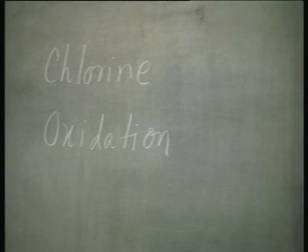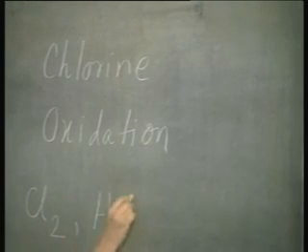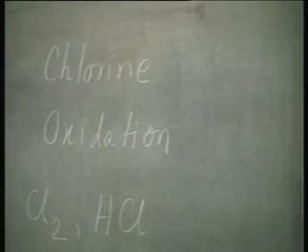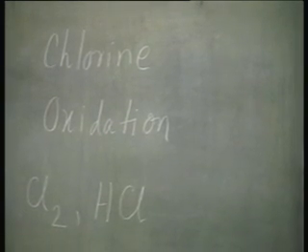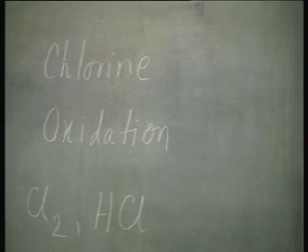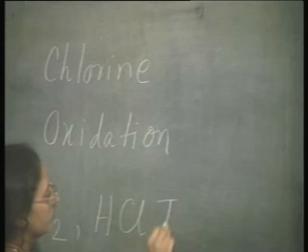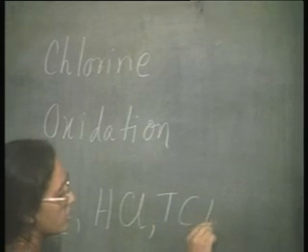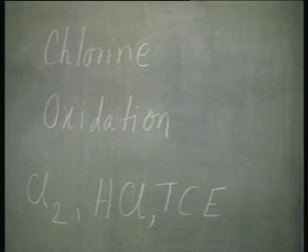This chlorine may be in the form of chlorine gas or anhydrous hydrogen chloride, but since both are potentially hazardous materials to deal with, a safer option is trichloroethylene, which is commonly referred to as TCE.